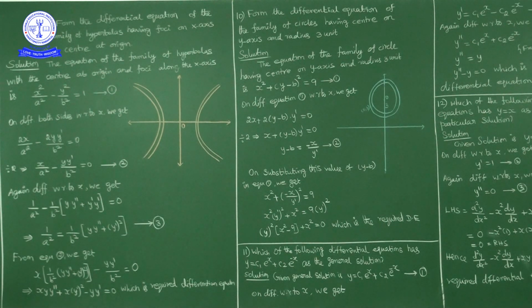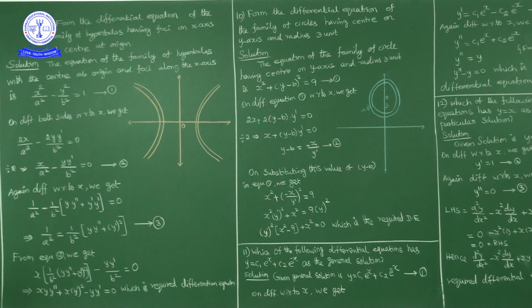Then the equation of the circle we get is x² + (y − b)² = 3². Now here we have one arbitrary constant, that is b.